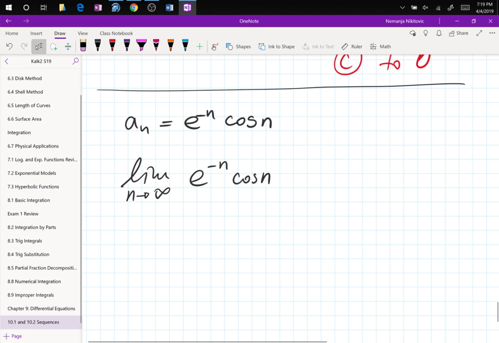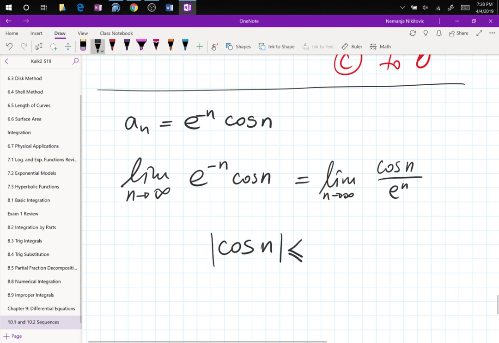So, when I am dividing, this is e to the n in the denominator, I can write this as a fraction. I can write it this way. So now, cosine n is bounded by 1.